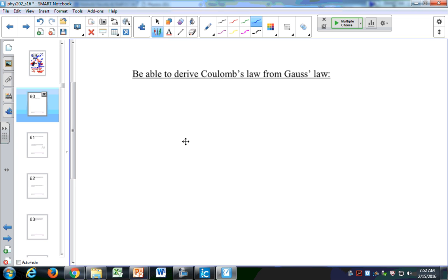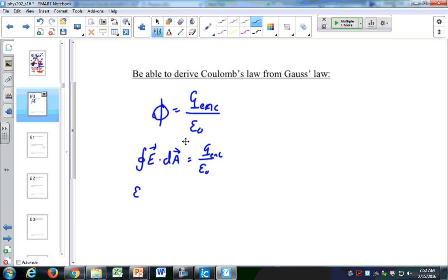Let me show you. Gauss's law says that the flux is equal to the enclosed charge divided by the permittivity of free space, that constant. Remember, the flux is the integral of E dot dA. I can multiply both sides by epsilon naught.